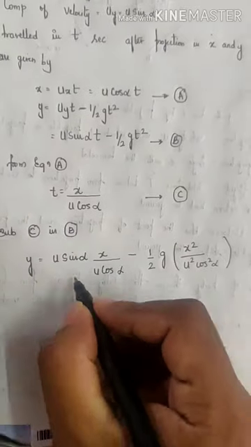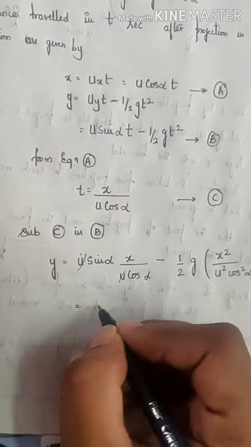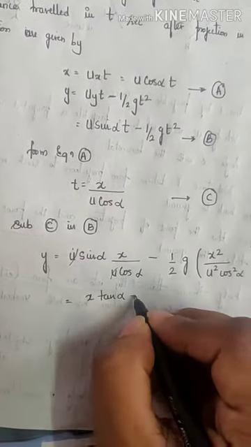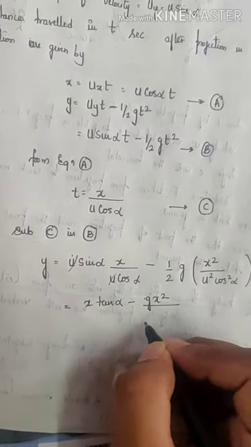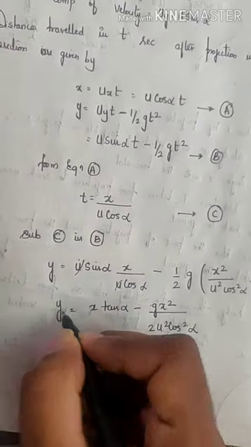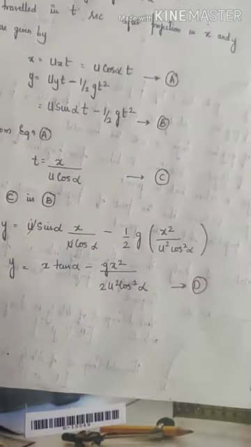So u cancels, and sin by cos is tan, so this will be y equal to x tan alpha minus gx square divided by 2u square cos square alpha. I'll mark this as equation D.